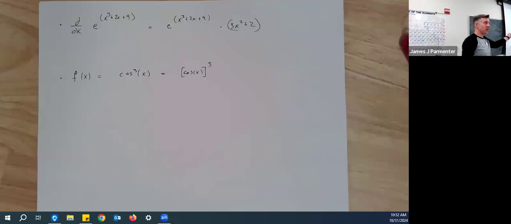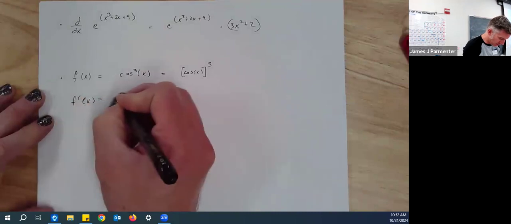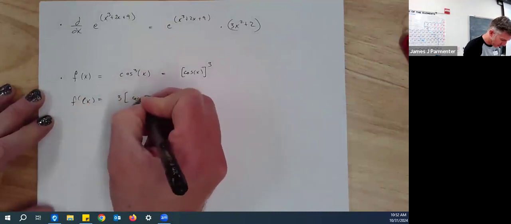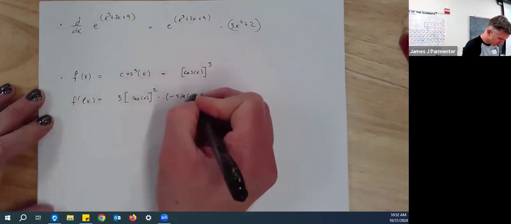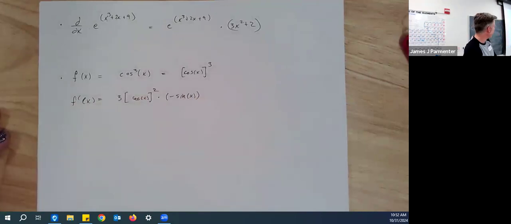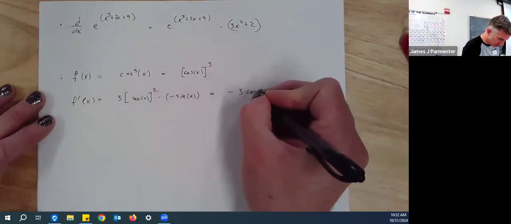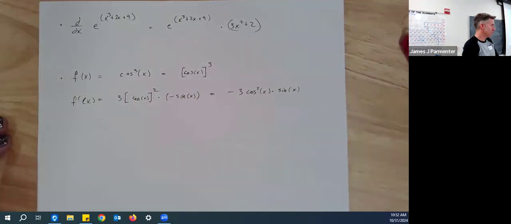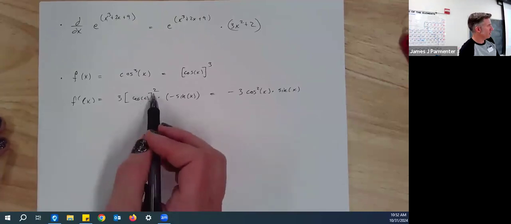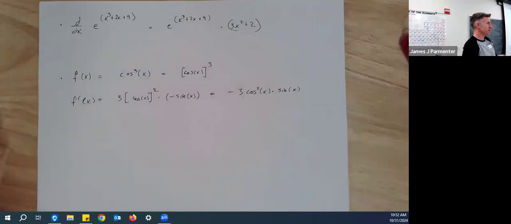So I have something cubed, and I know that the derivative of some stuff cubed is 3 times my stuff squared times the derivative of the inside stuff. If you felt like writing it less terribly, you can write it as -3 times cosine squared of x times sine of x. It's a very common abbreviation to, instead of writing cosine of x quantity squared, write it as cosine squared of x. We go back and forth between them when it's convenient.